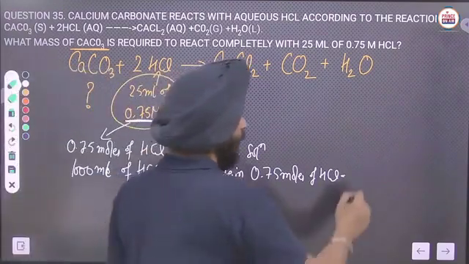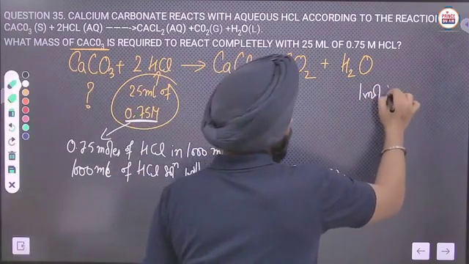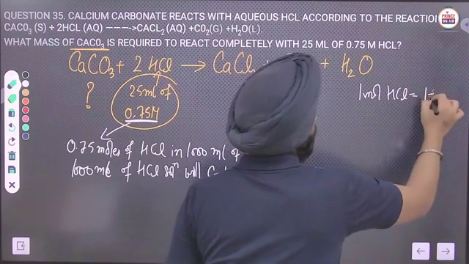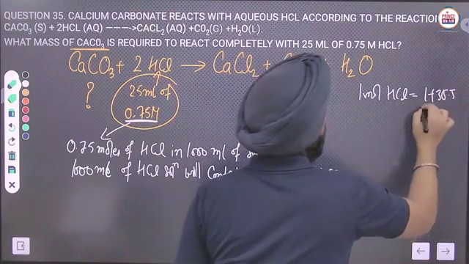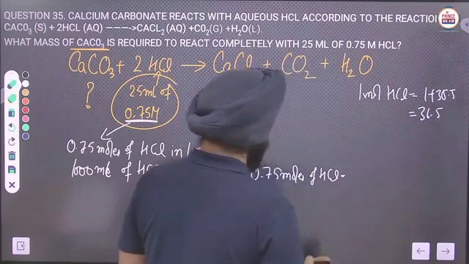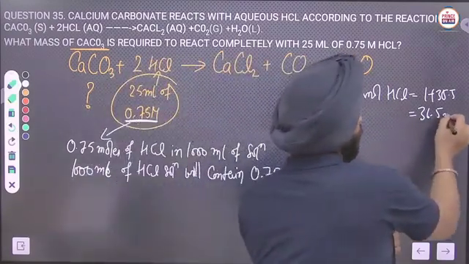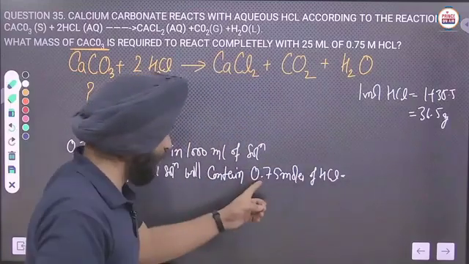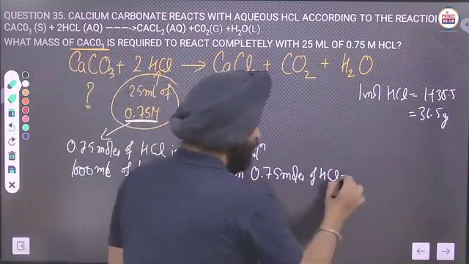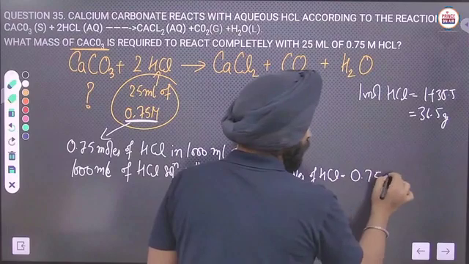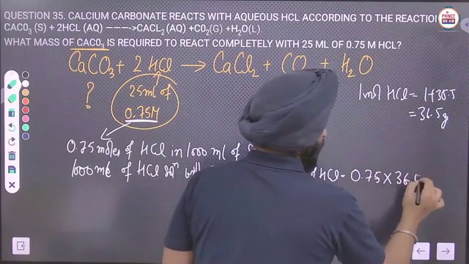Now how much mass of that HCl will be there in this particular case? For 1 mole of HCl, it comes out to be 1 plus 35.5, which means 36.5. So for 1 mole of HCl we have 36.5 gram. For 0.75 moles it will come out to be 0.75 into 36.5.